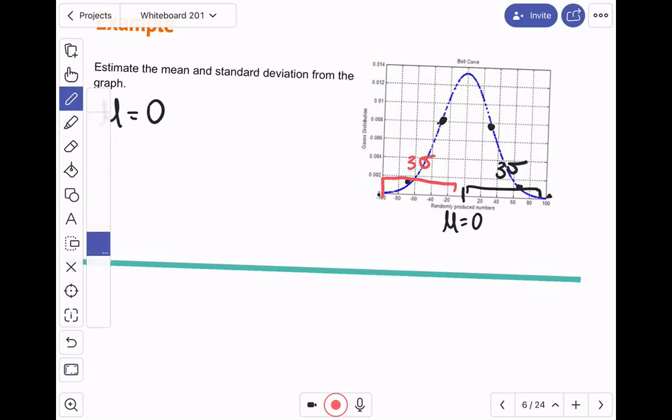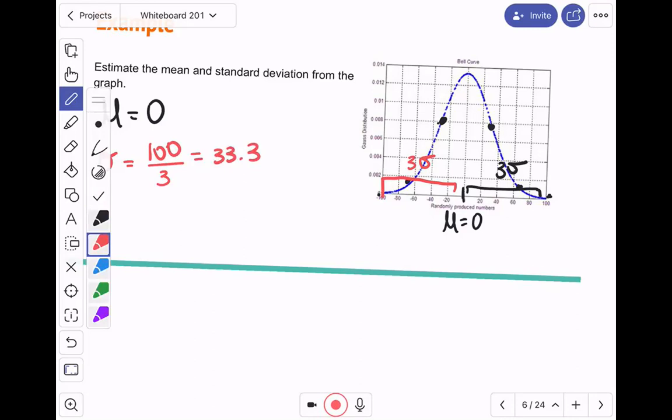So I want to calculate sigma. Sigma is equal to 100 divided by 3. Why am I dividing by 3? Because there are 3 standard deviations. Where does 100 come from? That's the distance from the mean to the very end of this data set. So we divide 100 by 3, we get 33.3.